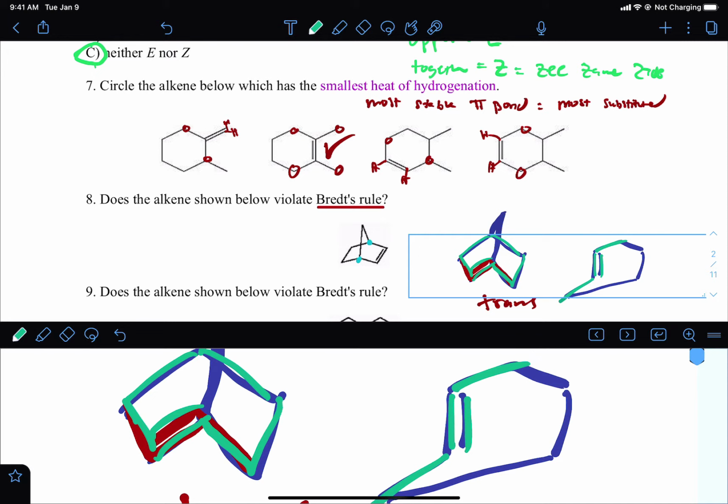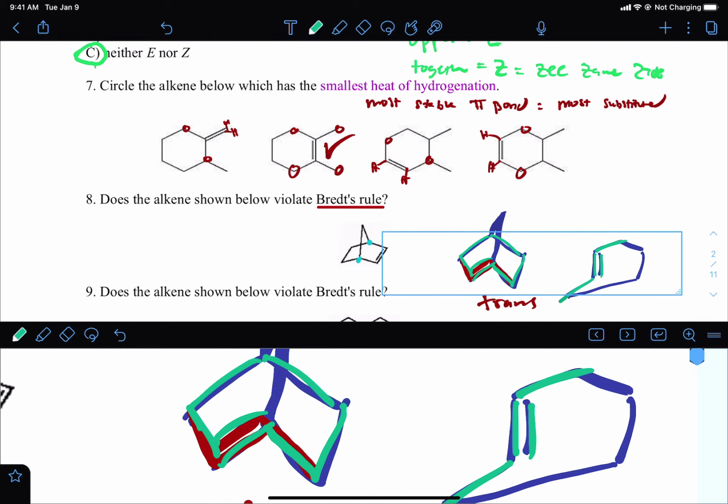So here's the idea. You can't have a trans double bond in a 6-membered ring. You can't have a trans double bond in any ring unless that ring has 8 carbons or more, okay? By the time you have 8 carbons or more in a ring, there are enough carbons to accommodate that trans geometry, okay?